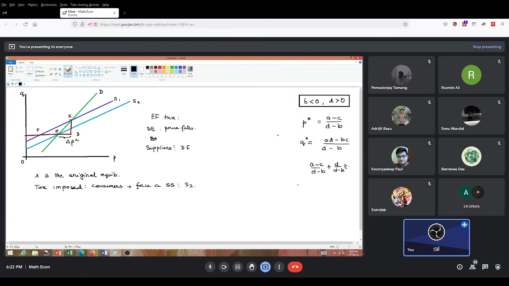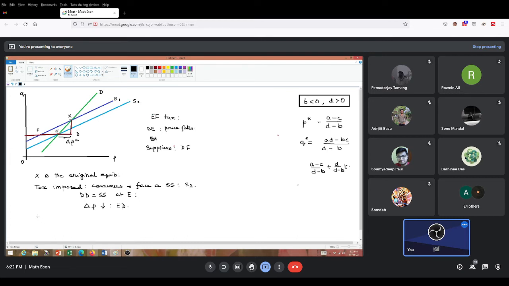So that means the demand and supply equilibrium occurs at E. So demand is equal to supply at E. Initially the price was this entire amount. Now the price is only up till E. So the price falls by ED.